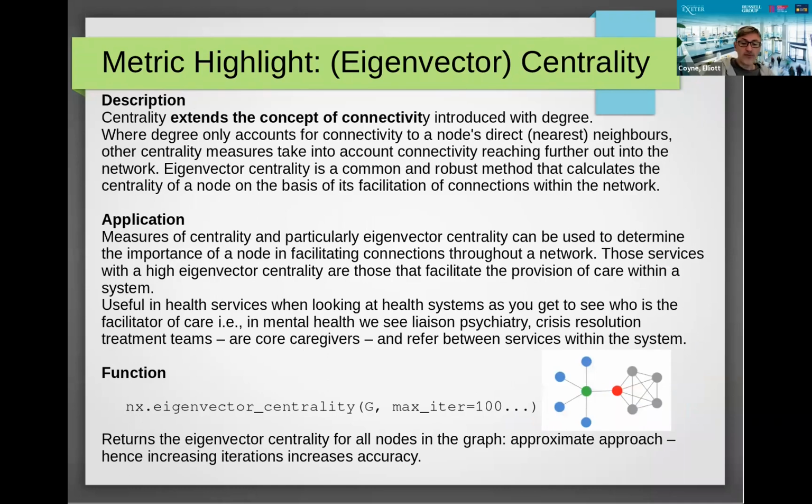So next we've got our eigenvector centrality, and this is very commonly used within services, and it's really looking at how nodes are facilitating connections across the network. I quite like this example here, which I have borrowed off a website called Network of Thrones, which I'll show you shortly.